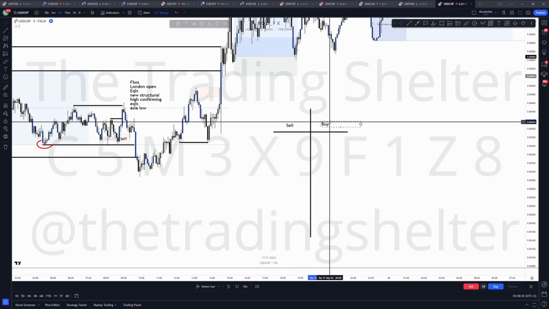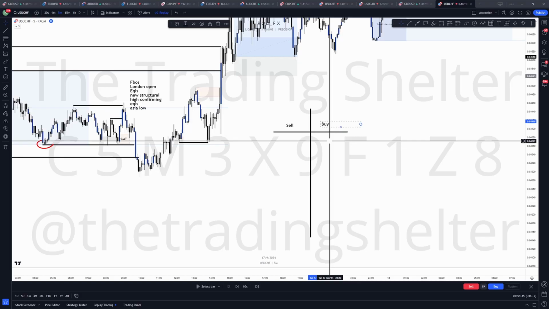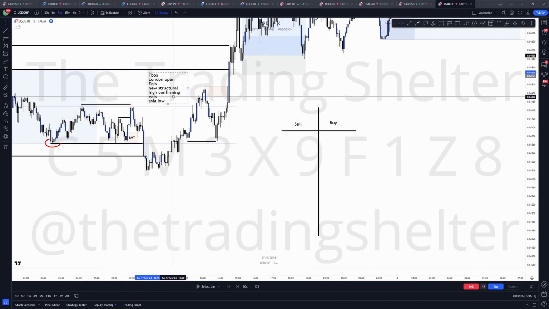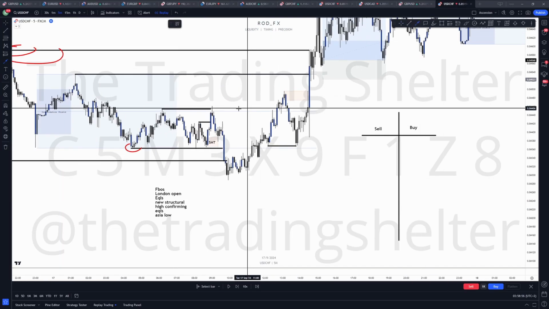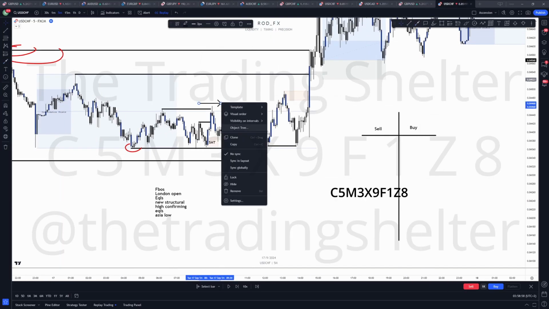When I trade, this is exactly what I do: identify the liquidity, and when there's liquidity on both sides, there's liquidity here literally on both sides. So let's look at it together real quick. We have liquidity here.